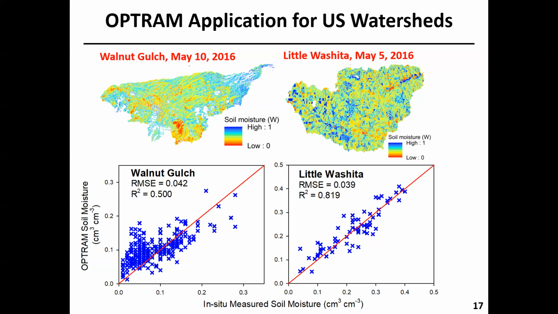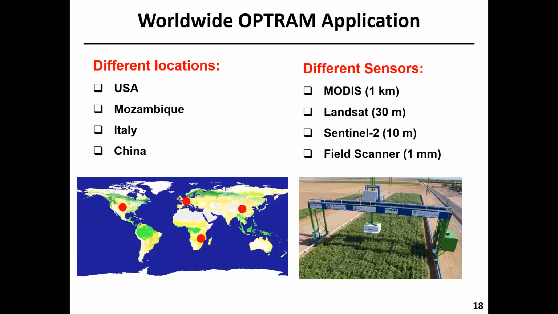And we published the first OPTRAM paper in 2017. And after that, fortunately, many people all around the world found it useful for their research, and they employed the model and used it for mapping soil moisture for their own research projects.